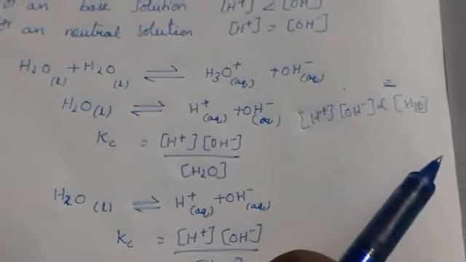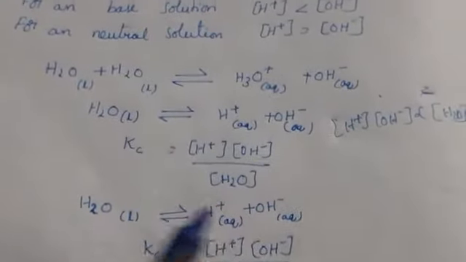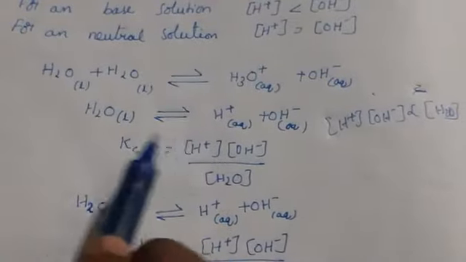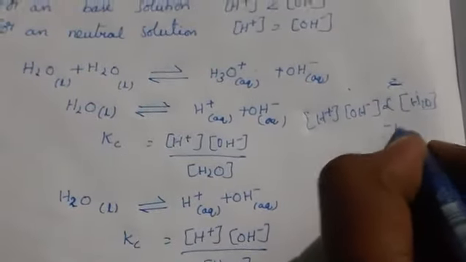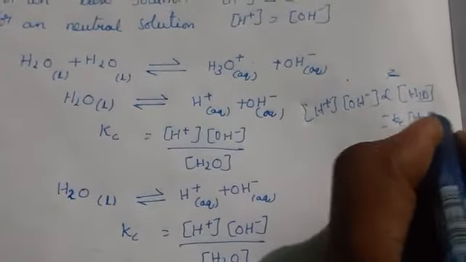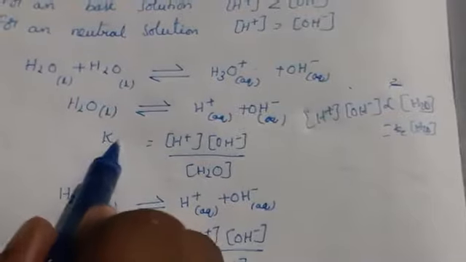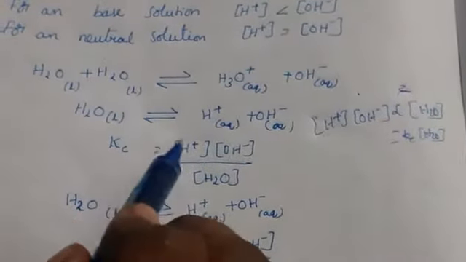According to the law of chemical equilibrium, to remove this proportionality we write Kc into the concentration of H2O, which is the constant. So Kc is equal to H plus, OH minus over H2O.